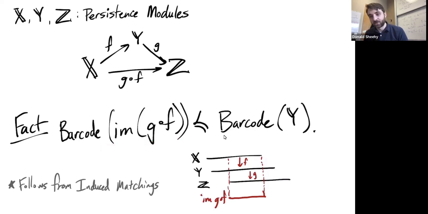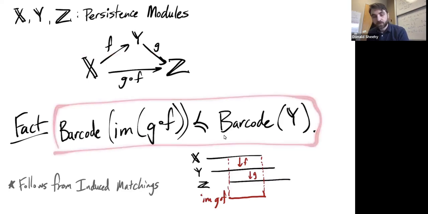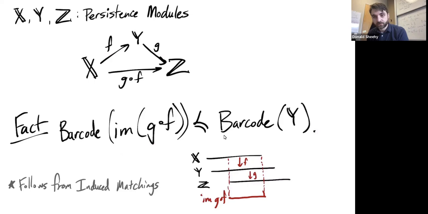It's a special case where this does work out. If someone has a question, they can stop me, but this is going to be the key step where we leave persistence modules and go to barcodes. If we can make this claim about persistence modules factoring through another persistence module, we're going to get a result about the image as a sub-barcode.